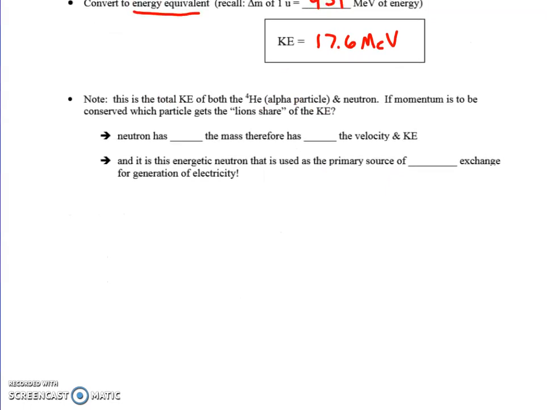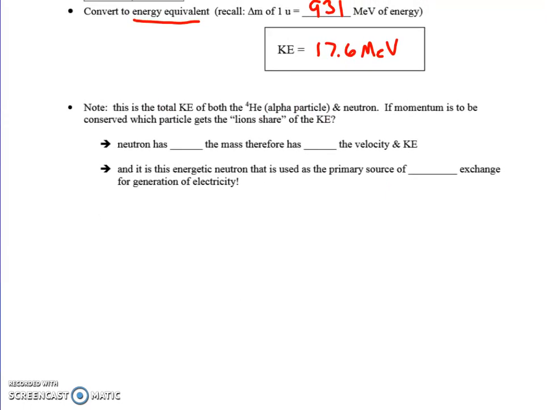Now we can ask the question, how is this energy distributed? The 17.6 is for both the helium nucleus and the neutron, so we can look at how that energy is partitioned between those two. And if we use the law of conservation of momentum, it becomes readily apparent. We know that momentum has to be conserved.